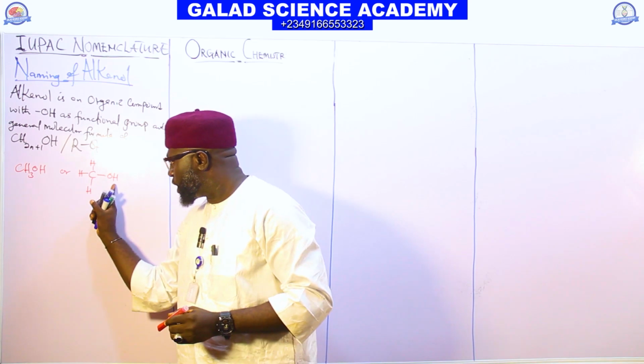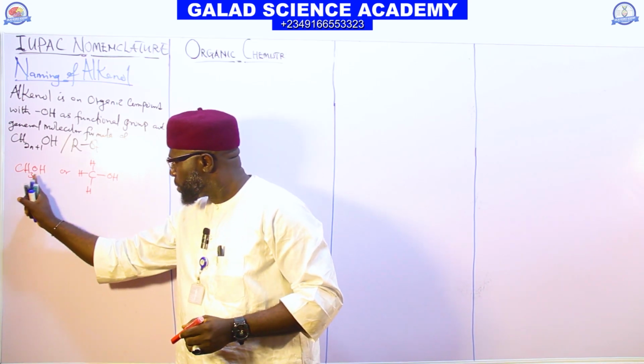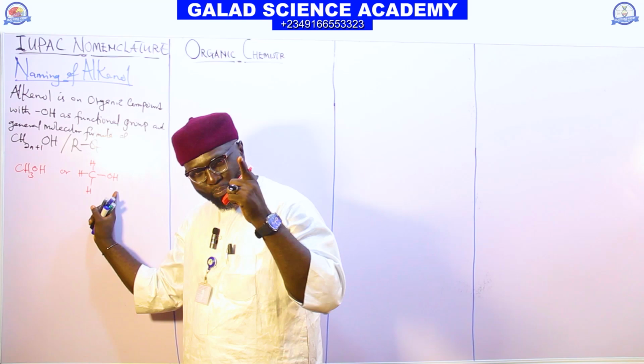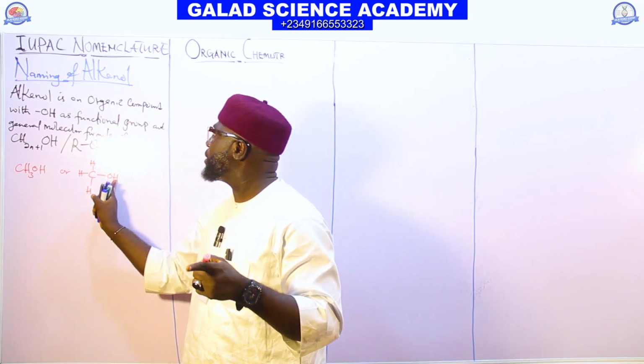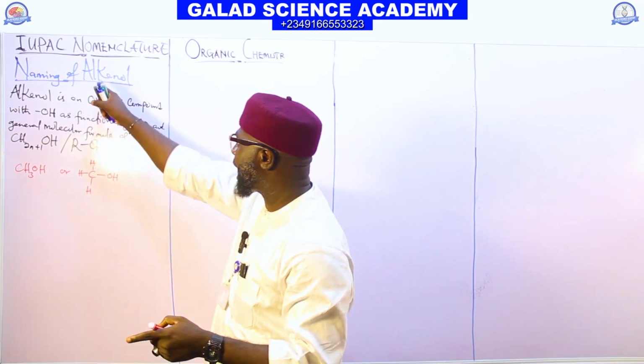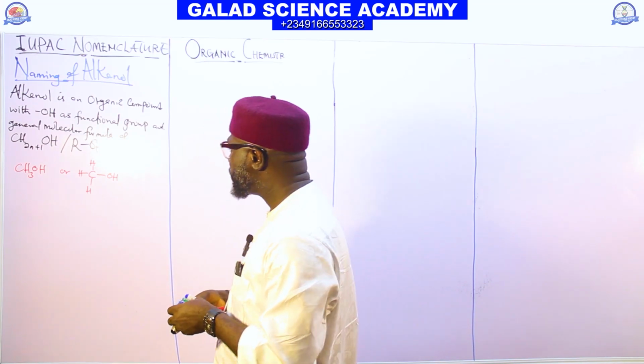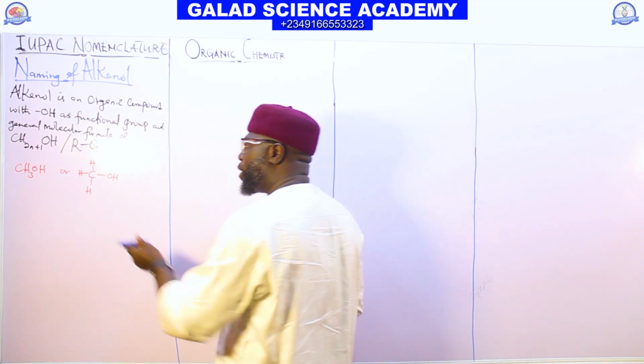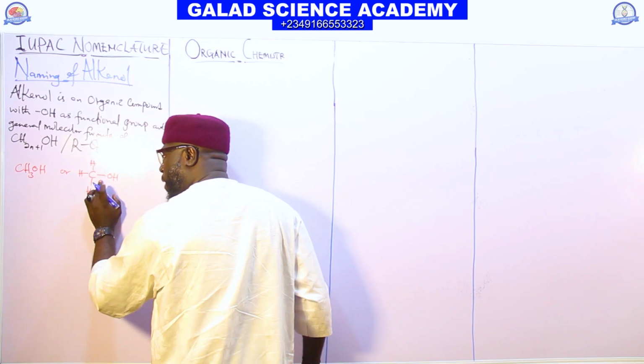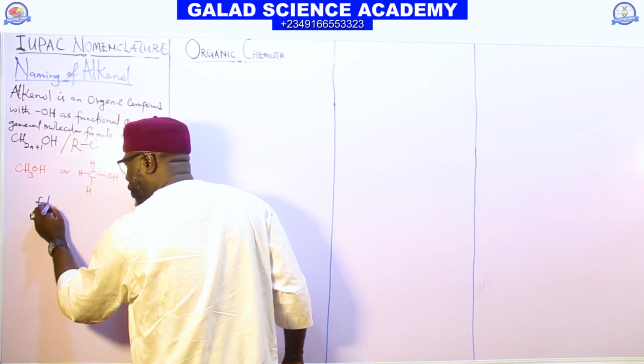The carbon here contains OH. The presence of OH here tells you the family of the compound is alkanol. So what will be the name of this compound? Carbon 1, we call it methanol.